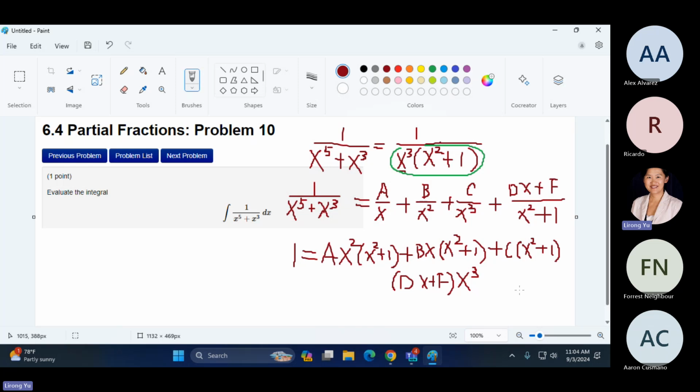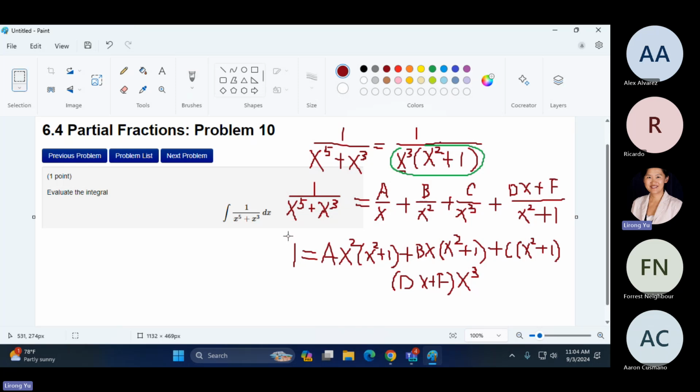Now it's time to solve 5 unknowns. There has to be some shortcut to make things easier since we have 5 unknown numbers to solve. What do we do first? One number we can try is 0. We can try making x equal to 0.